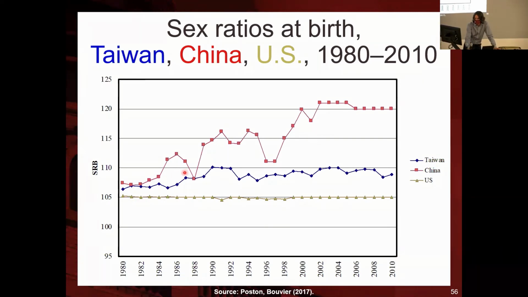And then the sex ratio at birth increases a lot in China, reaching around 120 boys born in 2010 to every 100 girls. But also in Taiwan, you have higher ratios compared to what would be the biological norm around 105. Okay?